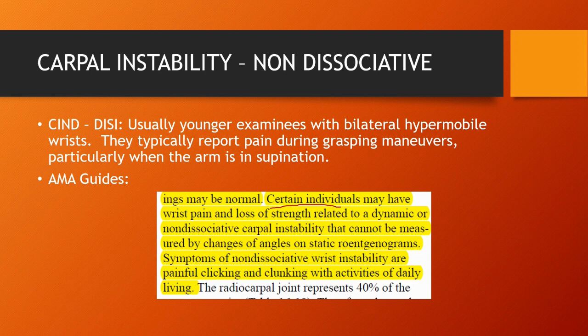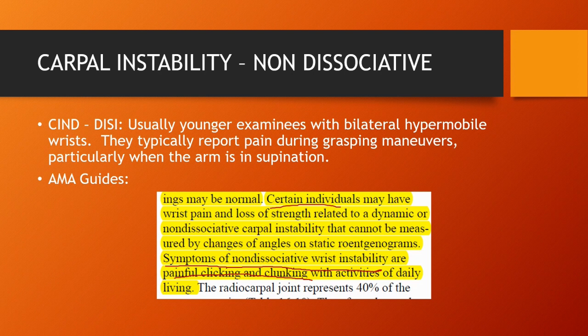But an absence of lunate flexion or lunate extension angles on static roentgenograms does not necessarily preclude or rule out the presence of a non-dissociative carpal instability pattern, in which case, even when static roentgenograms are normal, we can provide for a permanent impairment rating for a non-dissociative carpal instability pattern based on physical examination findings, typically which involves painful clicking and clunking with activities of daily living and also with physical examination maneuvers.